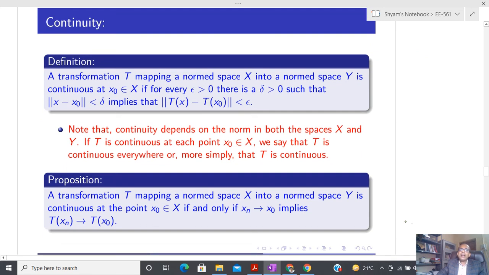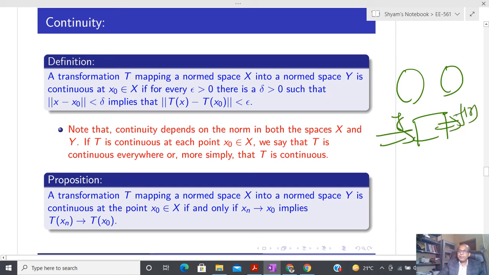Since I am going to map to a space, I have some system, I give input x, and after that I look towards f(x). So a transformation T may be linear or not linear.